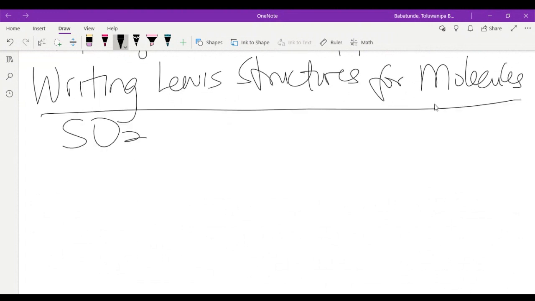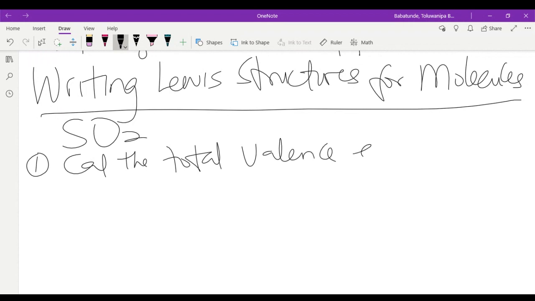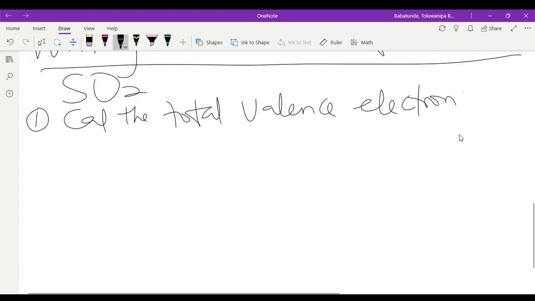The first rule is we need to calculate the total valence electron. So how do we calculate the total valence electrons? For SO2, for example, we know that we have 1 of sulfur and 2 atoms of oxygen.